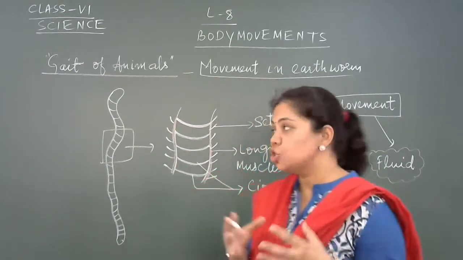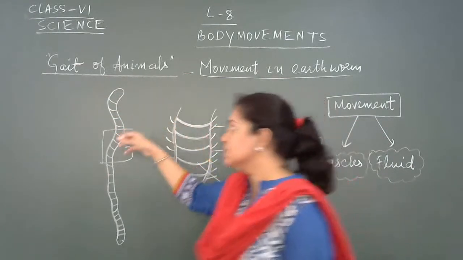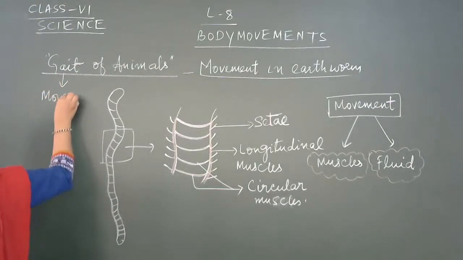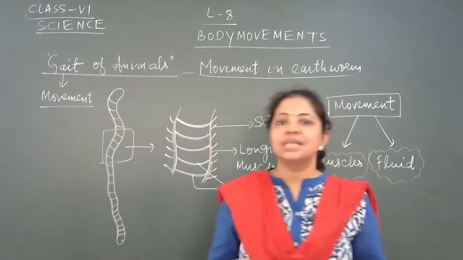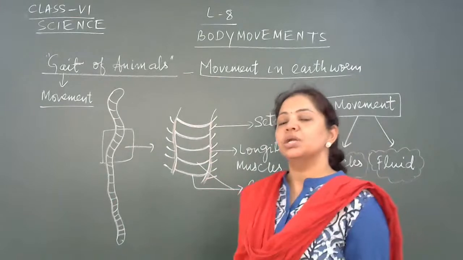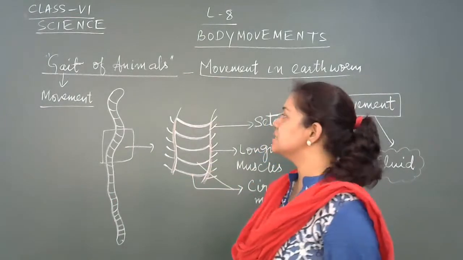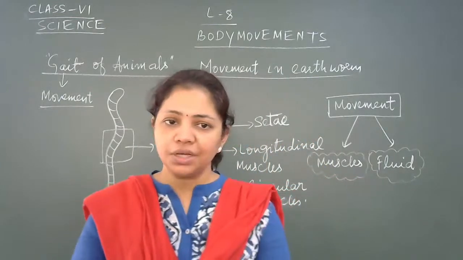Now in the further part of the chapter, children, we will discuss the movement in some animals, and that's why the topic goes gait of animals, because the word gait stands for movement. So in this second half of the chapter, we are going to discuss the movement of certain animals, right?